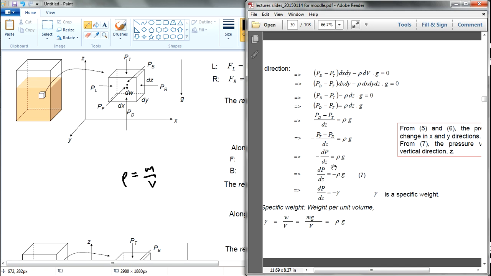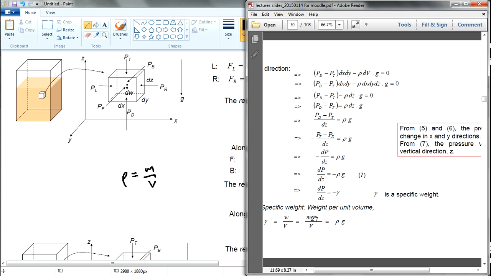That is the reason why we change this sign from pT minus pD to pD minus pT, because the original equation states that the pressure is higher than the pressure going downwards, which is untrue, because gravity will definitely make this whole cube sink down. So that's why we change the sign.